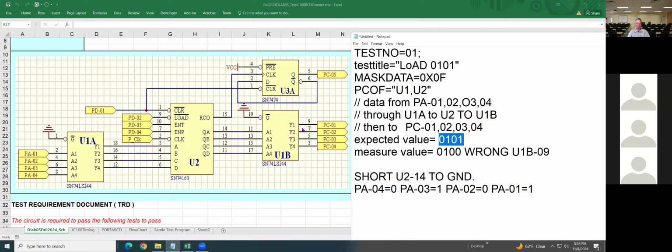Okay, now I try to repeat it. I measure U1 pin 9, logic 1, no, logic 0, right? So I go back to input pin 11. I measure pin 11, I get correct. That means logic 1. What can we do now?